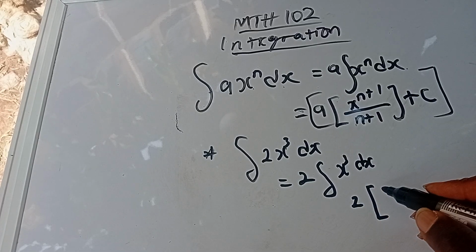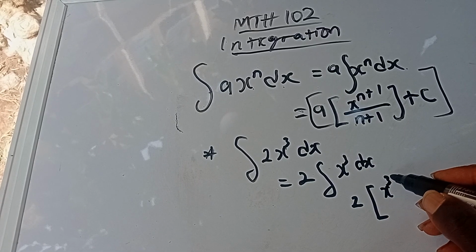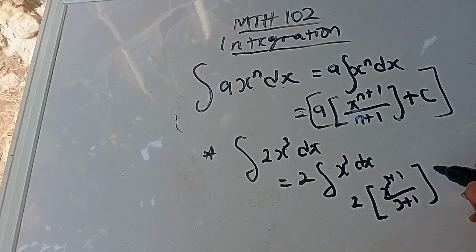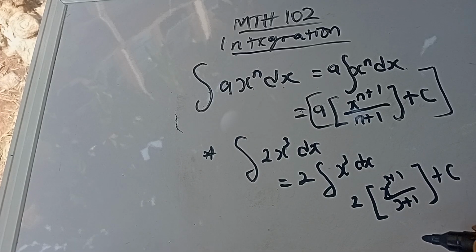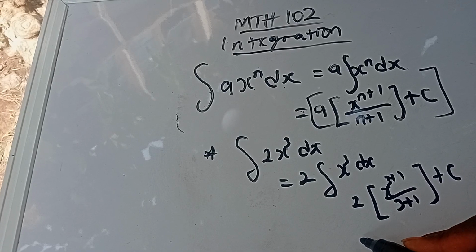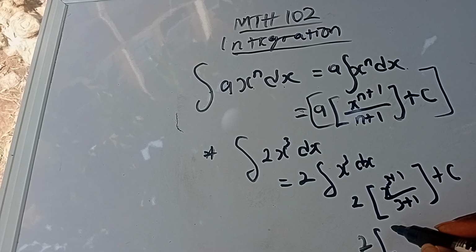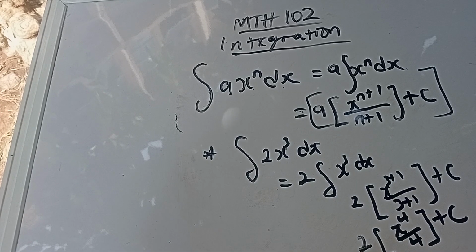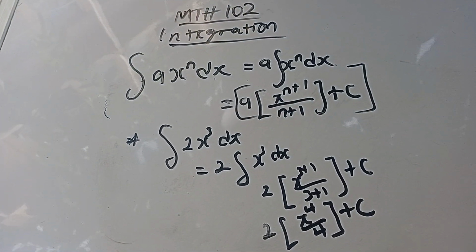If you integrate x cubed, you get x to the power 3 plus 1 over 3 plus 1, right? Plus c. Once you have done integration, even though you have not simplified the answer, always add plus c. So this becomes 2 into x raised to power 4 divided by 4 plus c.